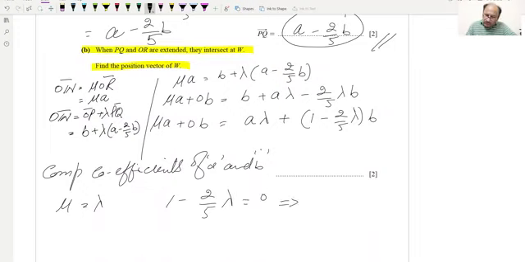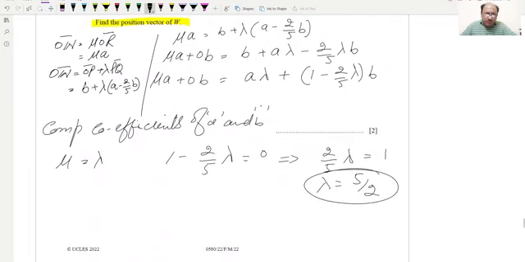So this implies 2 over 5 lambda is equal to 1. So lambda is equal to 5 by 2. This will be the lambda value, and mu value, because mu is equal to lambda, which is equal to 5 by 2. So this implies mu also is equal to 5 by 2.